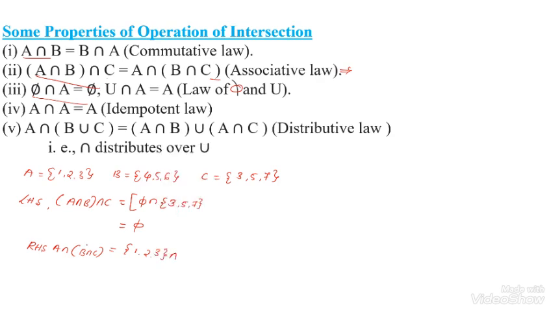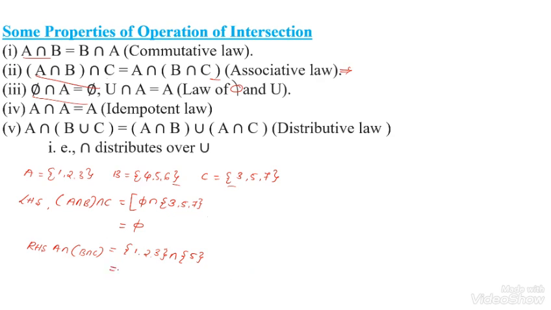Then we have to write the intersection of B and C. Between these two sets we have to write the common elements. There is only one common element, 5.